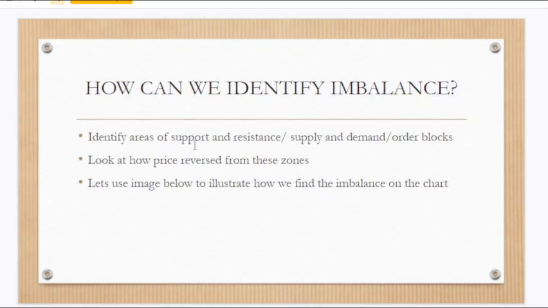Identify areas of support and resistance, supply and demand, order blocks. That's the first thing. Look at how price reversed from these zones, how price reacted when it reached your support and resistance.